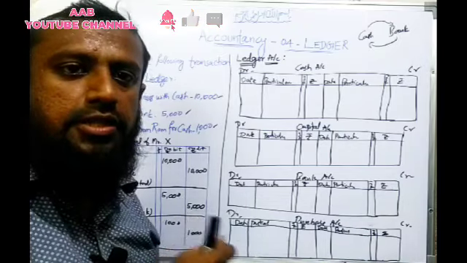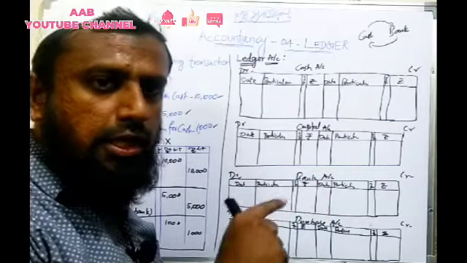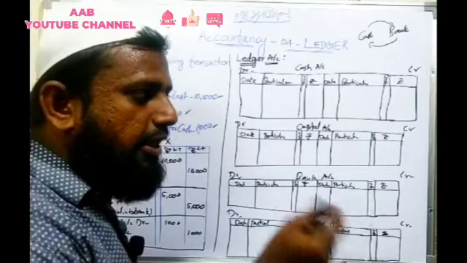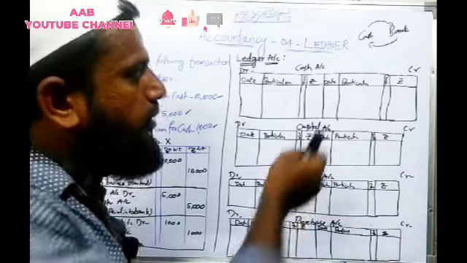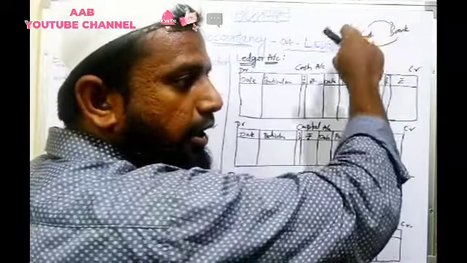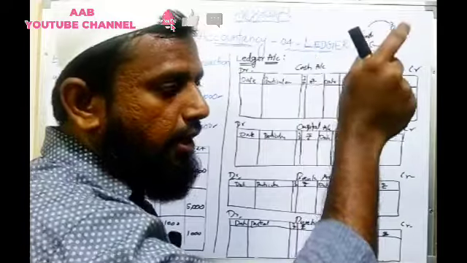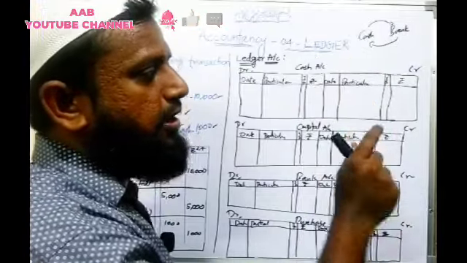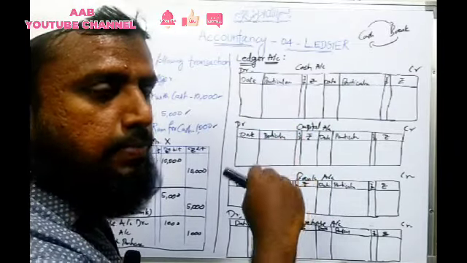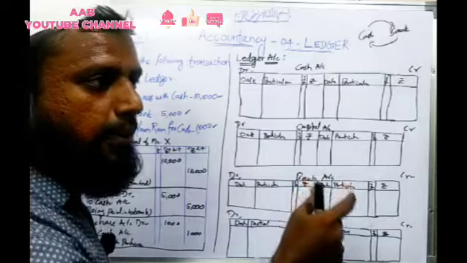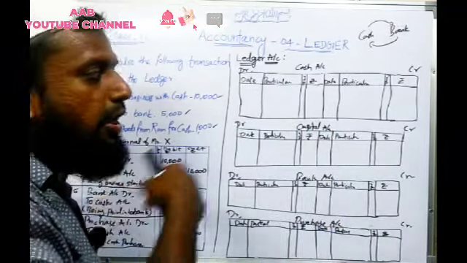The bank will be credited to the employee 10,000 rupees. At the same time, in the bank column, 10,000 is debited. For example, Akbar sir's 10,000 rupees salary is credited. At the same time, what happens in the bank account? 10,000 rupees is debited.